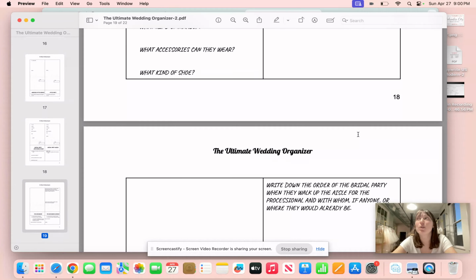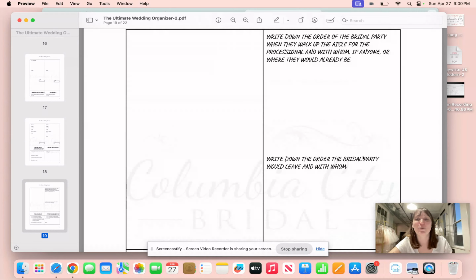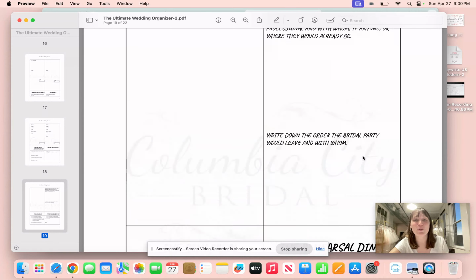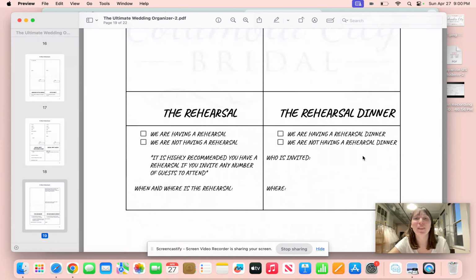Like, I don't know which order I go in. And so I always had to write it out. So if you want to have that written out, whoever needs it can just look and be like, okay, I'm walking down with so-and-so and we're going to be behind this person. That section is for you. I definitely recommend that though.